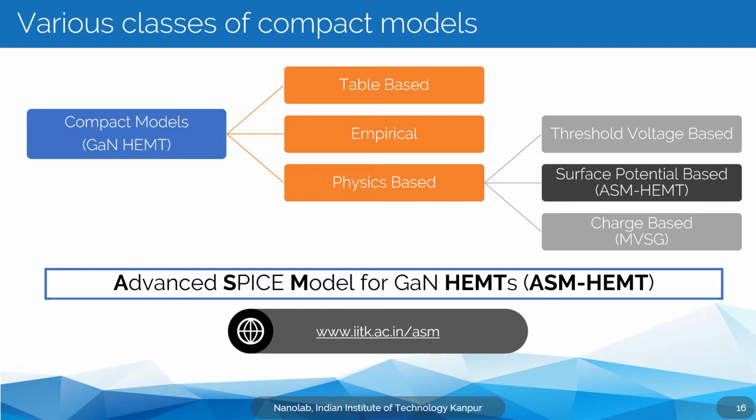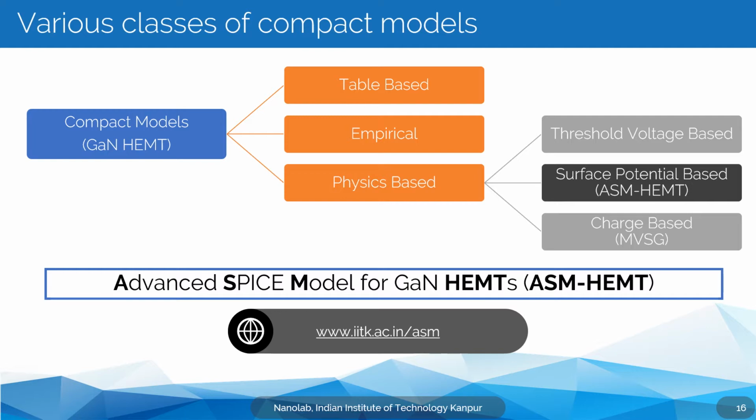Now table-based models are simply a lot of measurements which are taken from a device and then used as a model directly. And empirical models are basically models which try to emulate a device using simple mathematical equations.